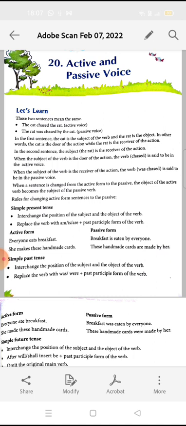Second thing we need to remember, whenever we convert from active to passive, the verb is always used in the third form. We always use the third form of the verb in passive sentences. Third form means the participle form. I had been telling you to read repeatedly the three forms of verbs.